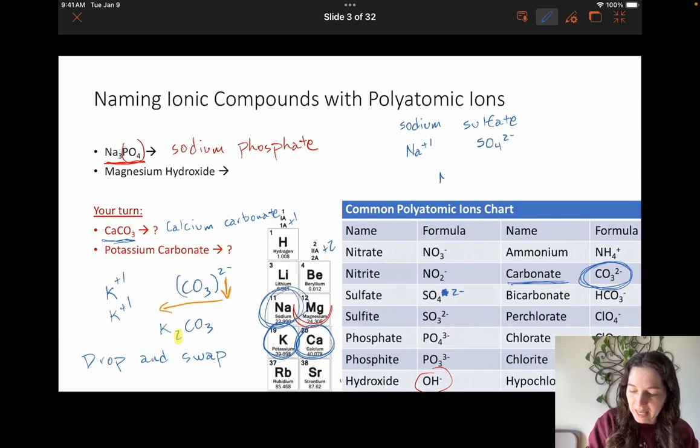We know that's going to be Na, and we're going to have SO4 here, and there's going to be some number belonging to the sodium and some number belonging to the sulfate. So we drop our numbers, they drop down, and they exchange positions. They swap positions. So we end up with Na2, SO4, 1.